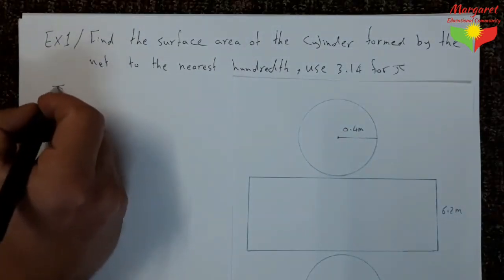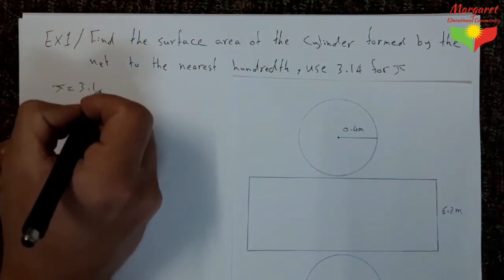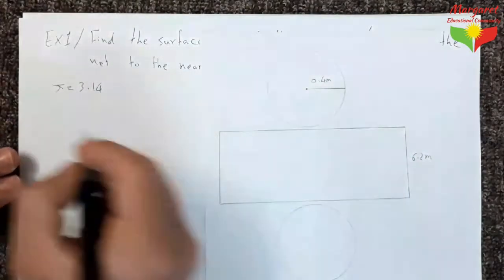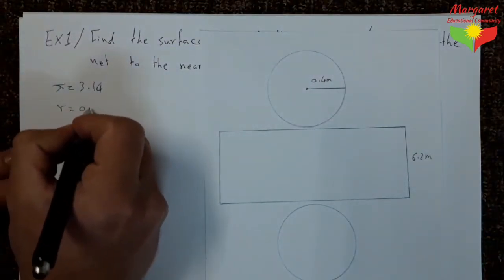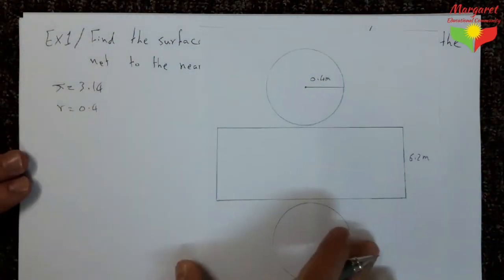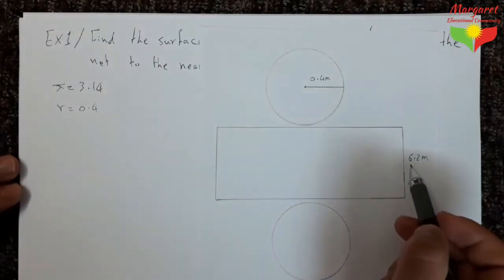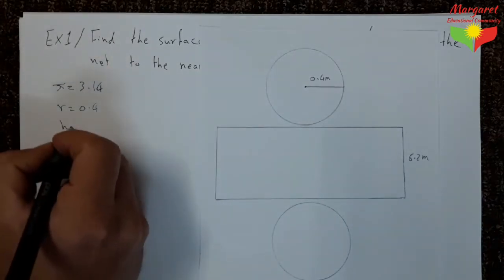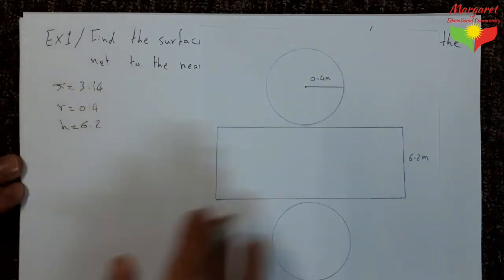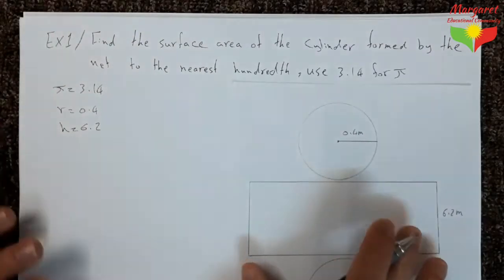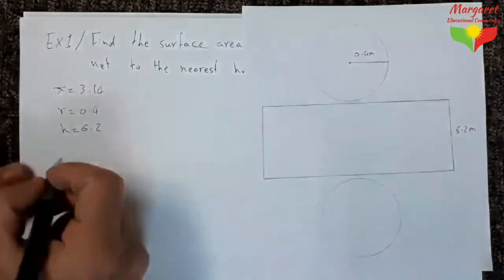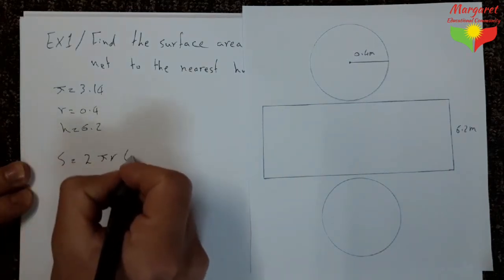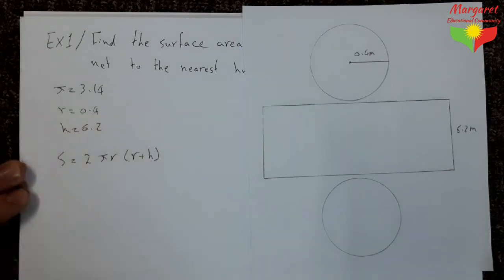So pi equal to 3.14 and we say that R is the radius of the circle, so R equal to 0.4 and we say that H is the height of a cylinder, so H equal to 6.2 and we say that the surface area of the cylinder denoted by S equal to 2 pi r times r plus h.